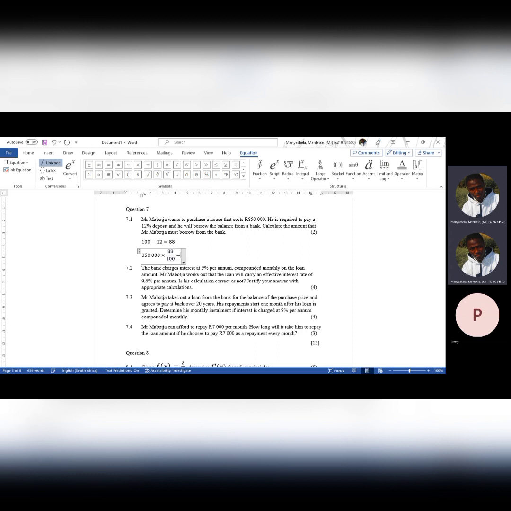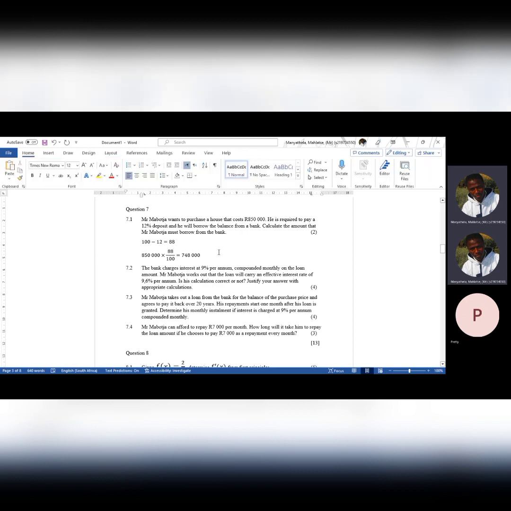And it gives you 748,000, right? So 748,000 is the amount that he must borrow from the bank.